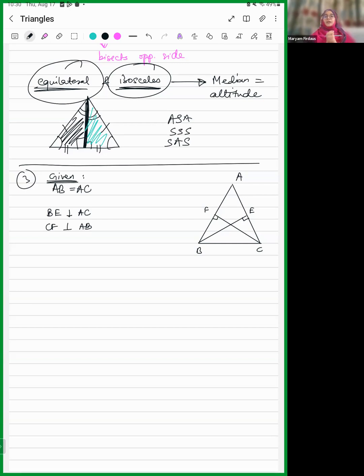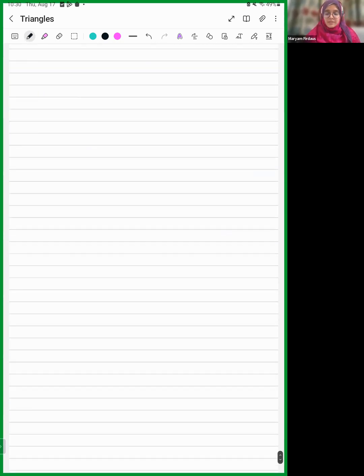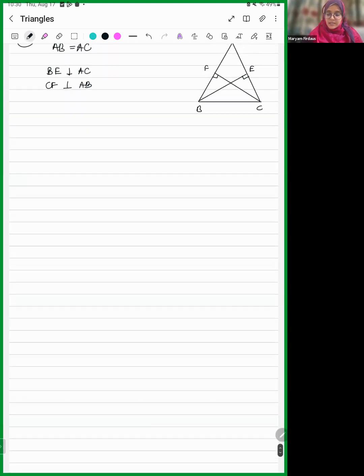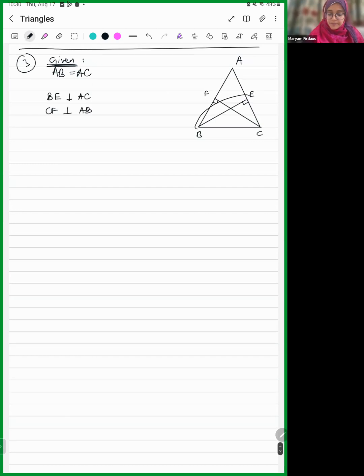One more thing to clear your confusion. I said previously that the median becomes the altitude. So in this case, is this altitude the median of the triangle? Avni, what do you think? I don't get what you said.